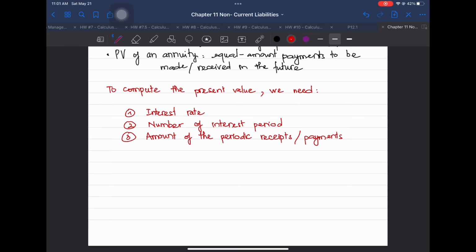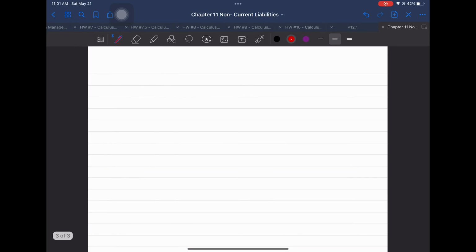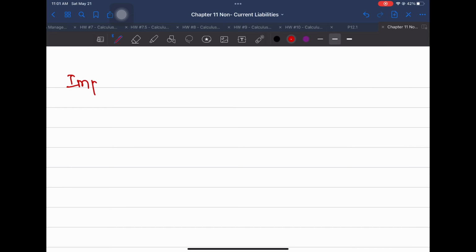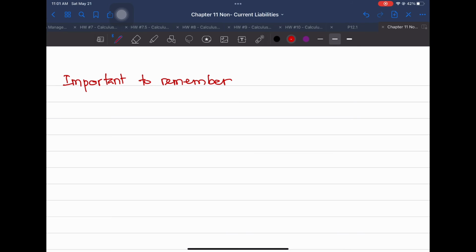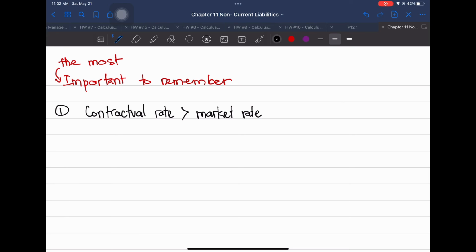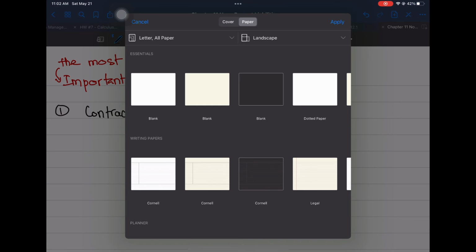Okay, so let's go to the last one, which helps you double check whether you're using the wrong or the right calculation. It's about the contractual rate and the market rate. These two rates determine whether the bond is issued at a premium, at a discount, or at face value.